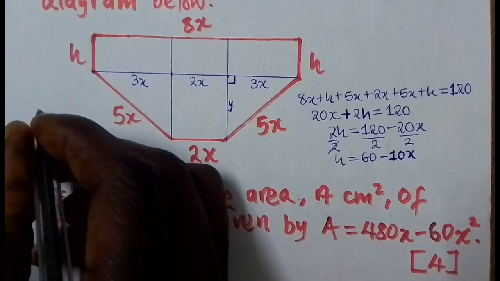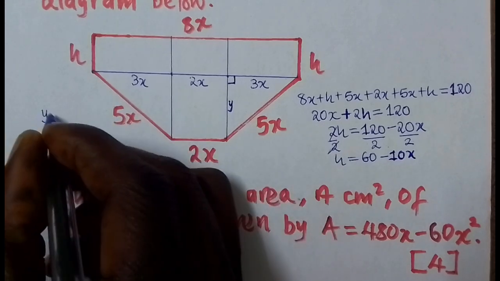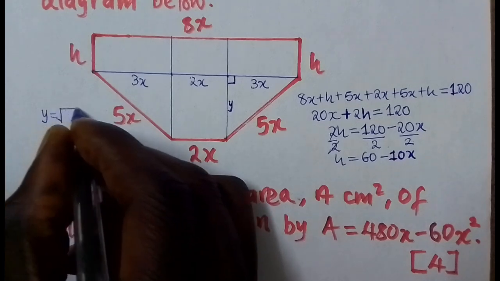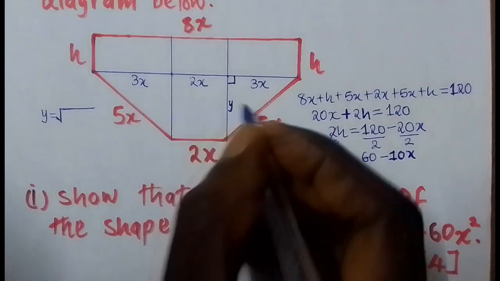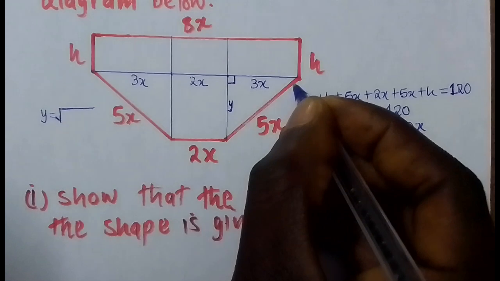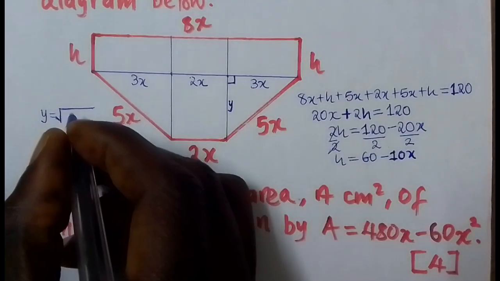Just apply Pythagoras theorem. This will be y is equal to square root. So when finding the adjacent side, we subtract the square of the hypotenuse minus the square of the other adjacent side.